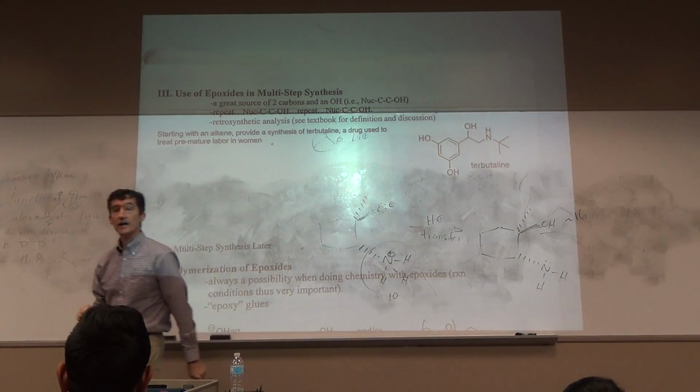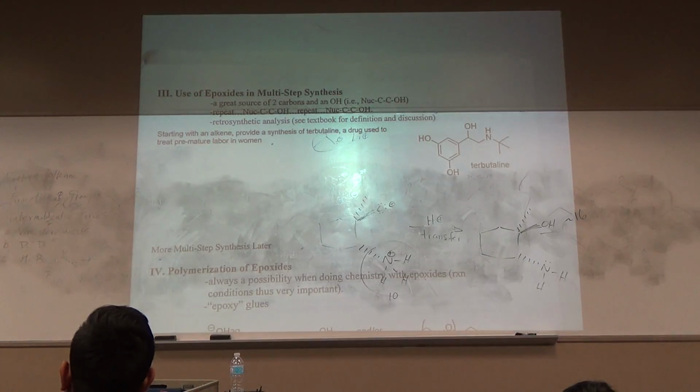The other reactions we did, they all ended up having a nucleophile, carbon, carbon, OH fragment there. Repeat it with me. Nucleophile, carbon, carbon, OH. That's the result of an epoxide reaction. Okay?